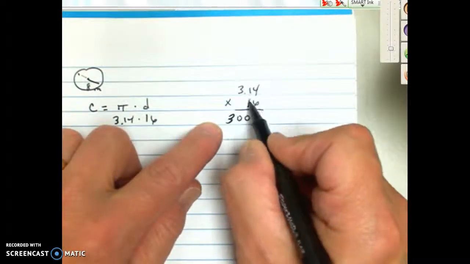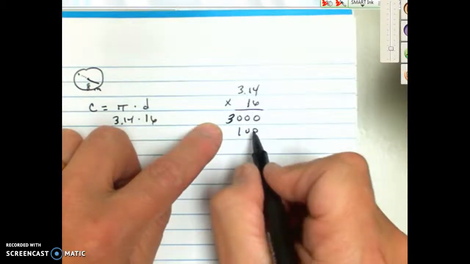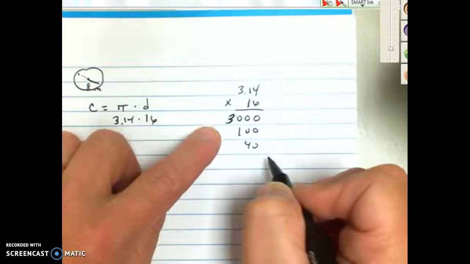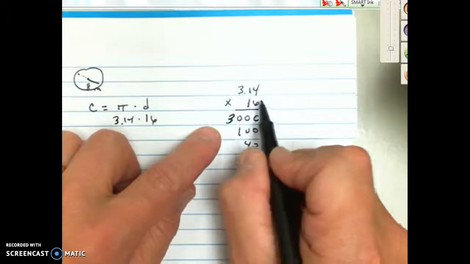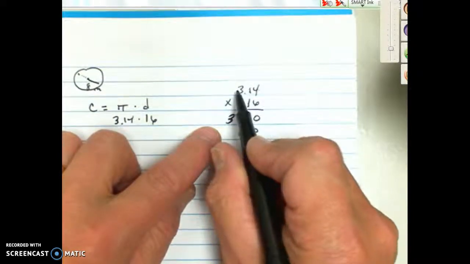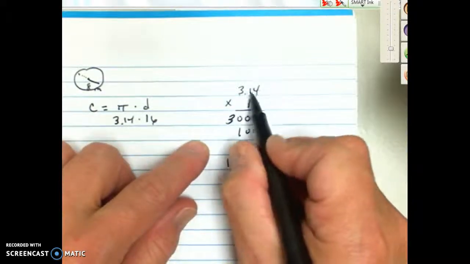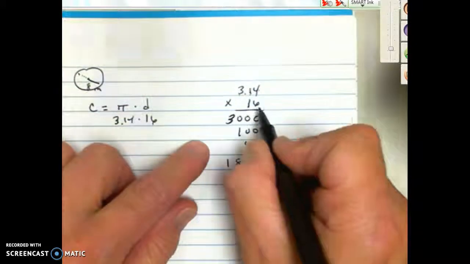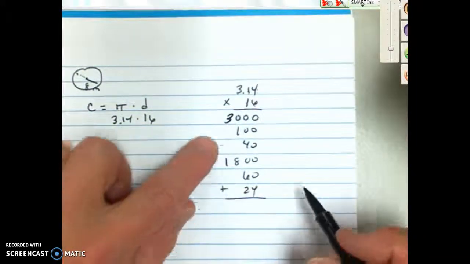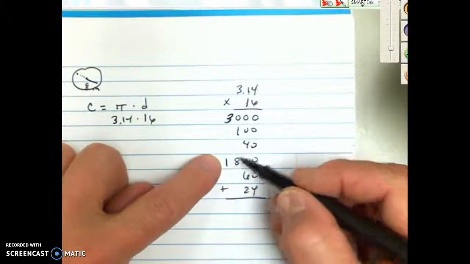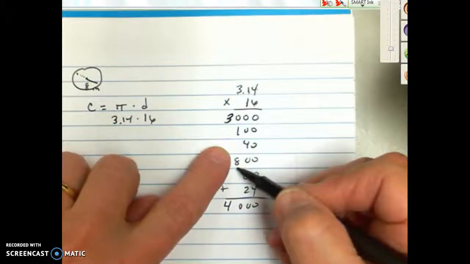And 10 times 10 is 100. And 10 times 4 is 40. And if I have 6 times 300, I know that 6 times 3 is 18, so I'd have 1,800. And 6 times 10 is 60. And 6 times 4 is 24. And if you add that all together, I get 4,000. And then if I add my hundreds together, I get 900.